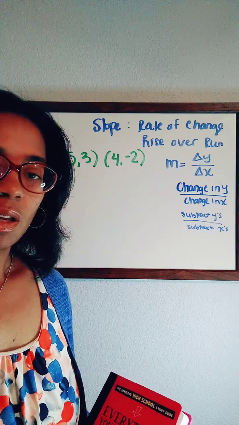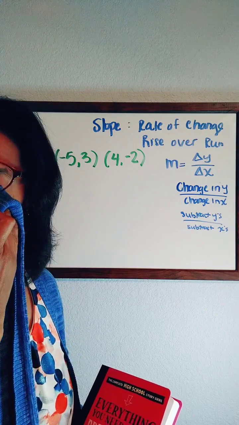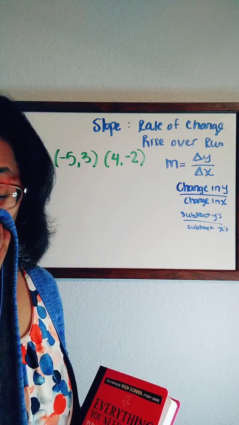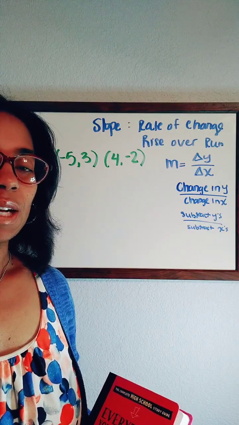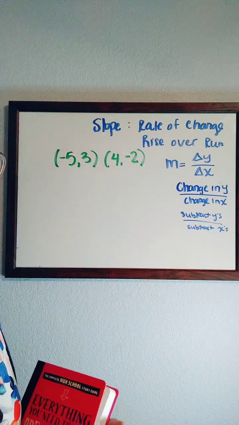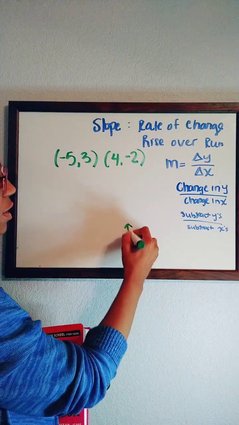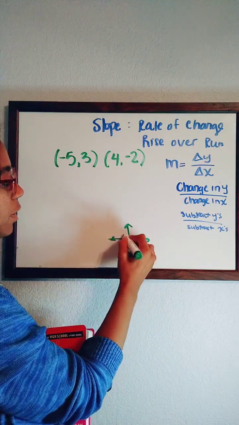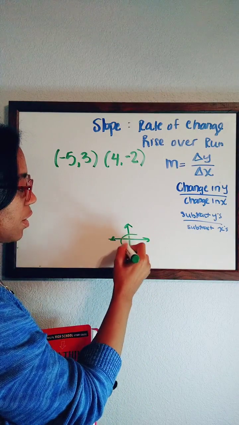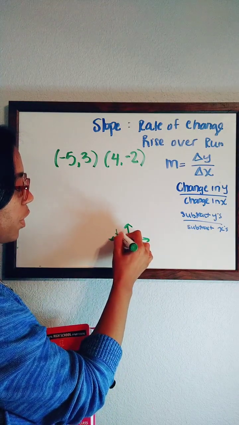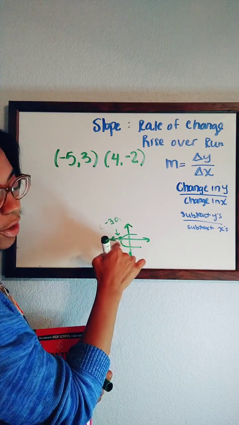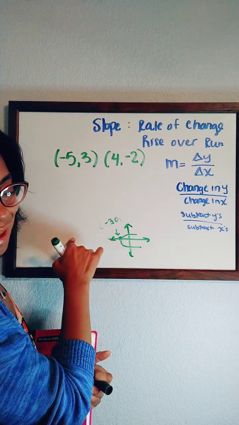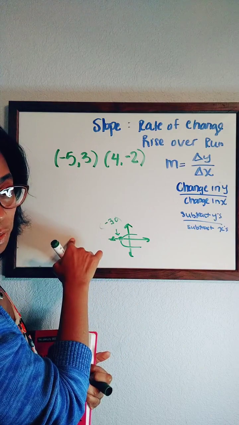Just remember that your domain is always going to be all of your x values, and you have to determine where the graph starts and where it stops. For instance, if you have a parabola going this way, and it's at this point here, -3, 0, that tells me my graph does not extend past -3 in the negative direction.